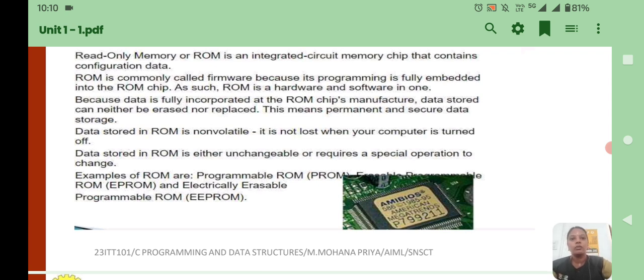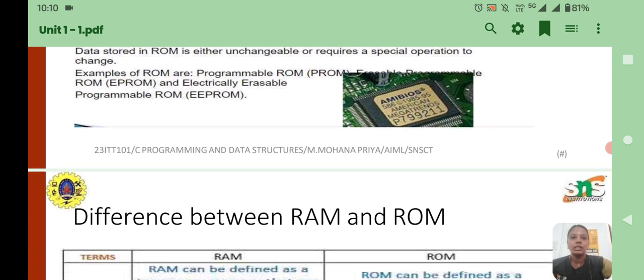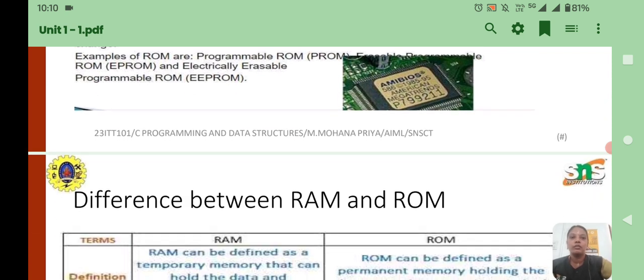ROM is non-volatile; the data is not lost when your computer is turned off. ROM is either unchangeable or requires a special operation to change. Examples of ROM are PROM, a programmable read-only memory, and EEPROM, electrically erasable programmable ROM.